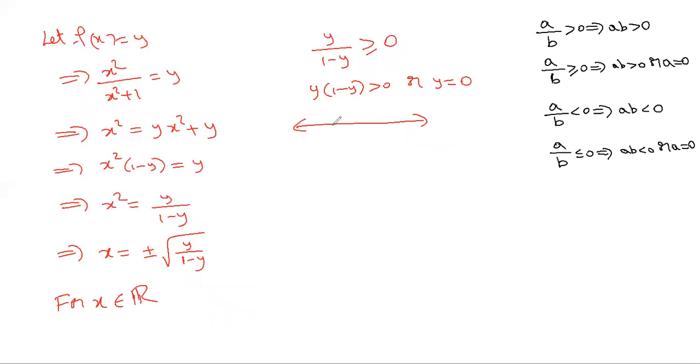Again, by the wavy curve method, this is 0 and this is 1, and the y square coefficient is negative, so you start from minus at the rightmost, then plus, minus. You want the product to be positive, so y belongs to the open interval 0 to 1, or y equal to 0 is there.